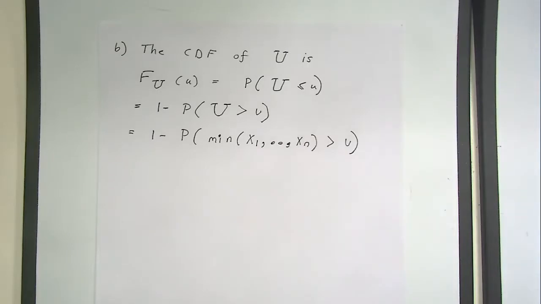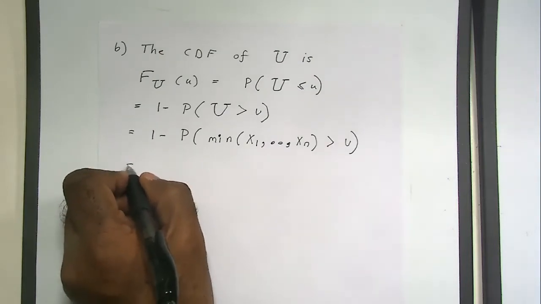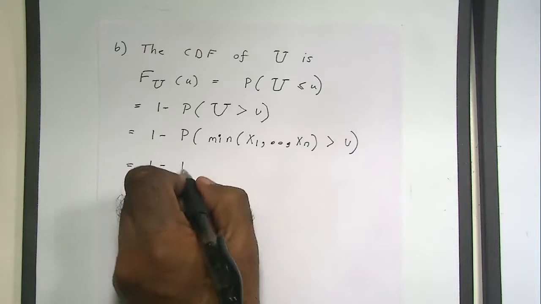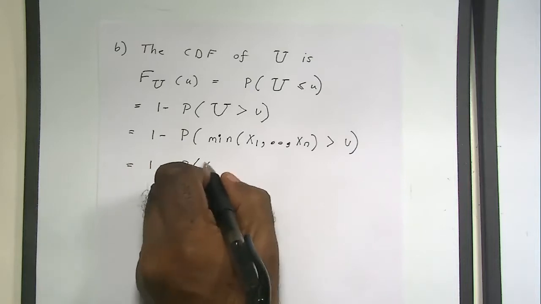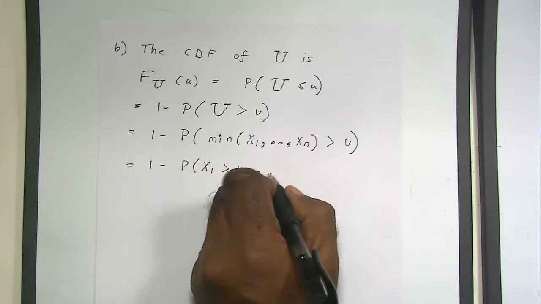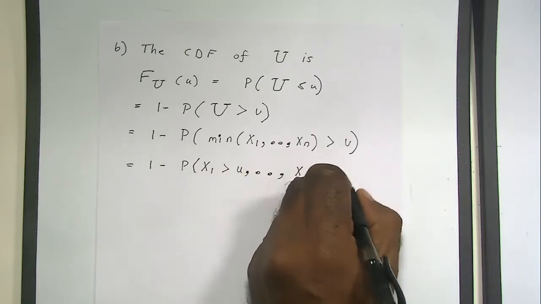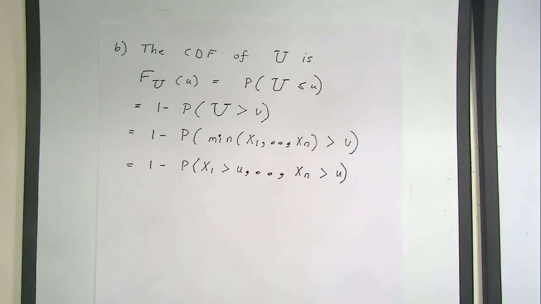Okay. Now if the minimum is greater than u, then each element has to be greater than u. Alright, so this will be, right.